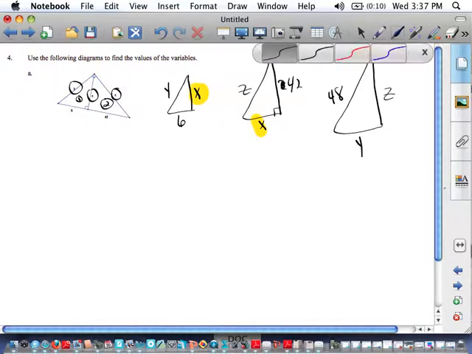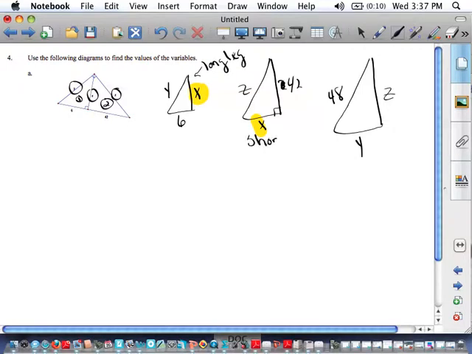And if you look at which leg x represents here, it's the long leg, and here it is the short leg. So we're going to be comparing to find x, the long leg and the short leg. So in the first triangle, I'm going to take the short leg, 6 is to the long leg x, as the short leg x is to the long leg, which is 42.